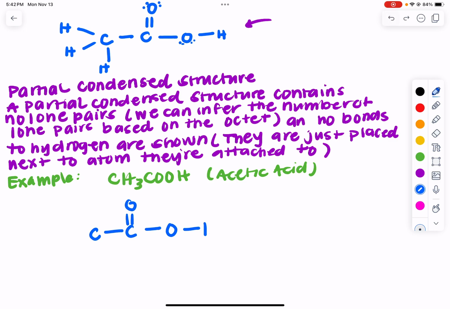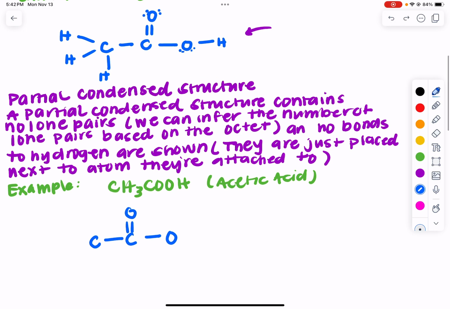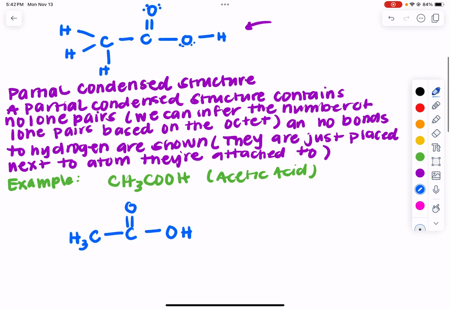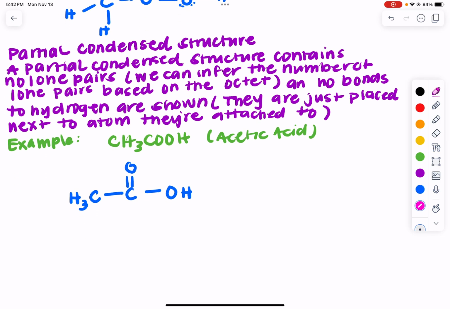Sorry about that. We could take out the lone pair on the oxygens, and instead of drawing the actual bonds to the hydrogens, we can just add our hydrogens right next to the atom that they're attached to. Okay? So this is the partially condensed structure. Notice that there are no lone pairs.